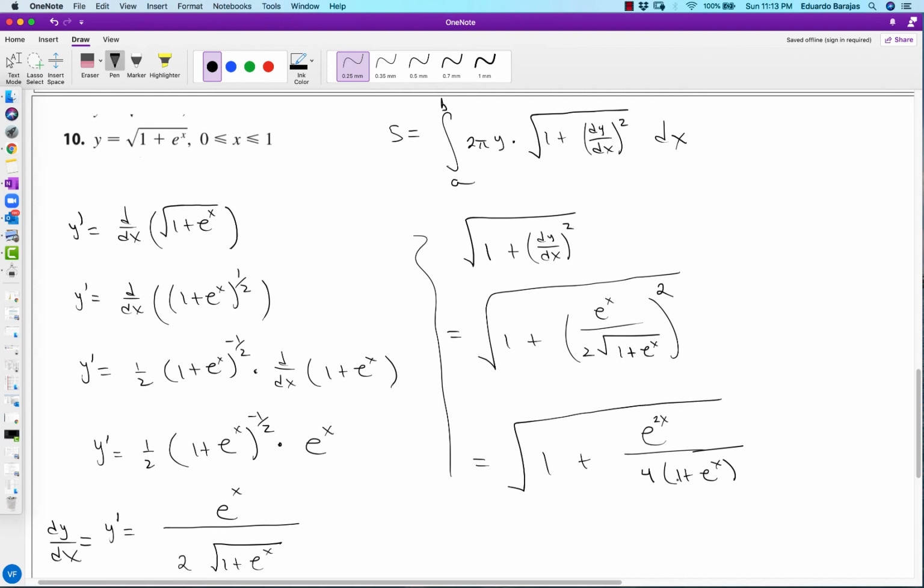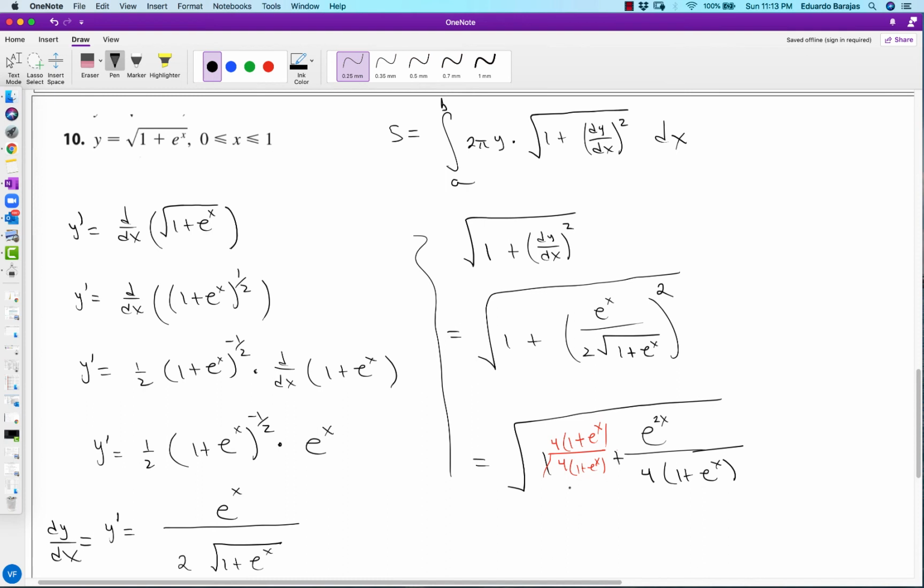Okay, common denominator is going to be this guy. So let's change this 1 to be a 4 times (1 plus e to the x) divided by the same thing, 4 times (1 plus e to the x), and then there's a plus sign here.